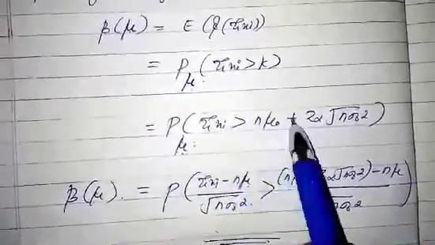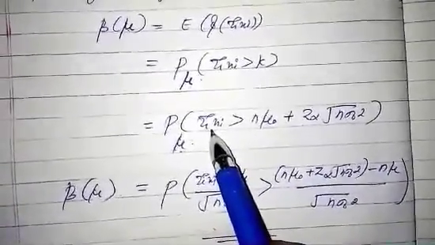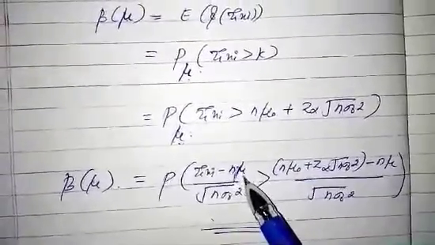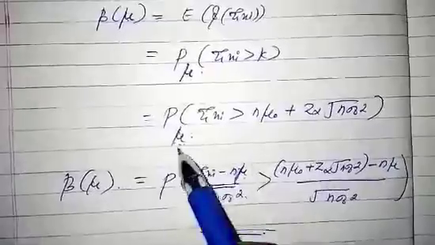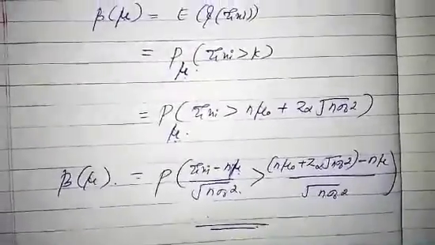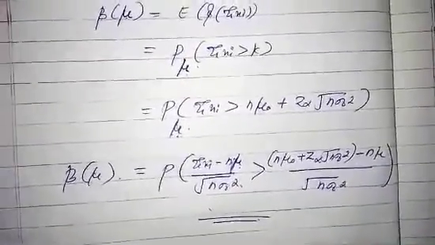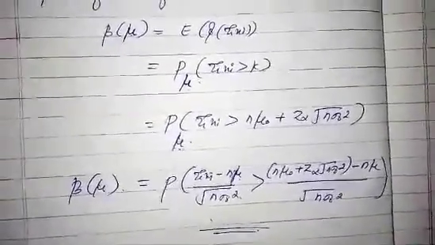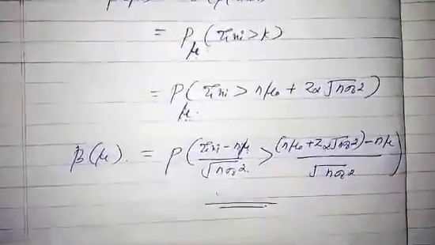So we can take this as a standard normal variable. Here, instead of n mu naught, we take n mu because it is under the parametric space. Understood? This is the power function of the test for this problem.